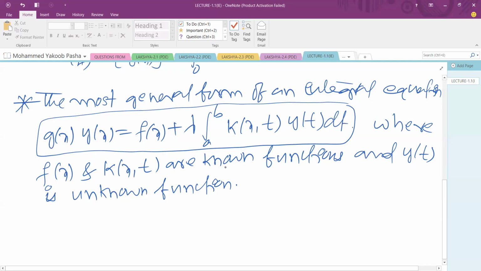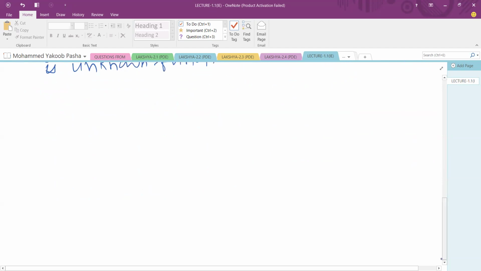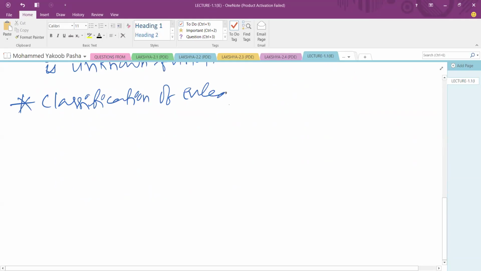So we can classify integral equations into several types depending on situations. First, the classification of integral equations.